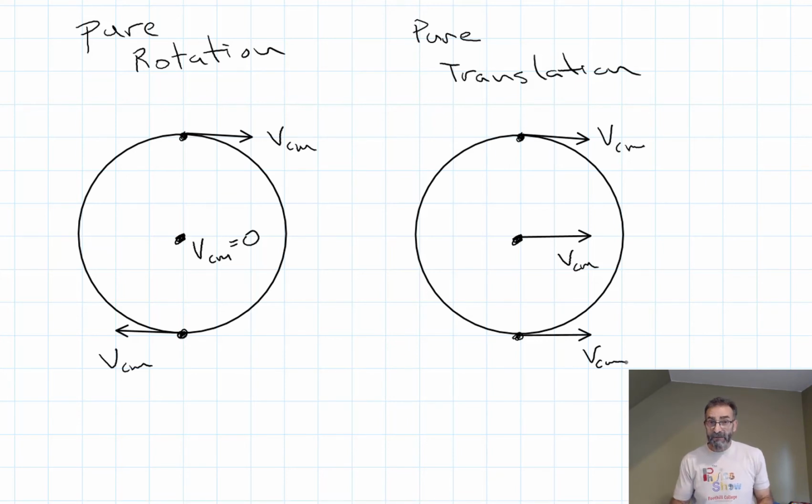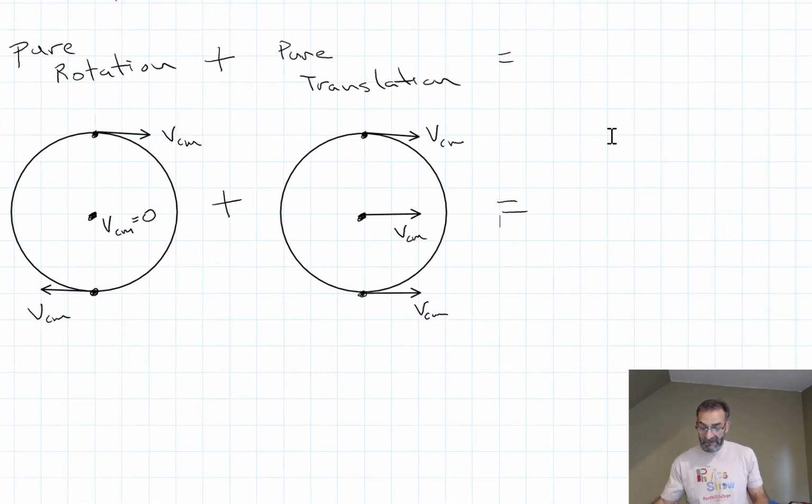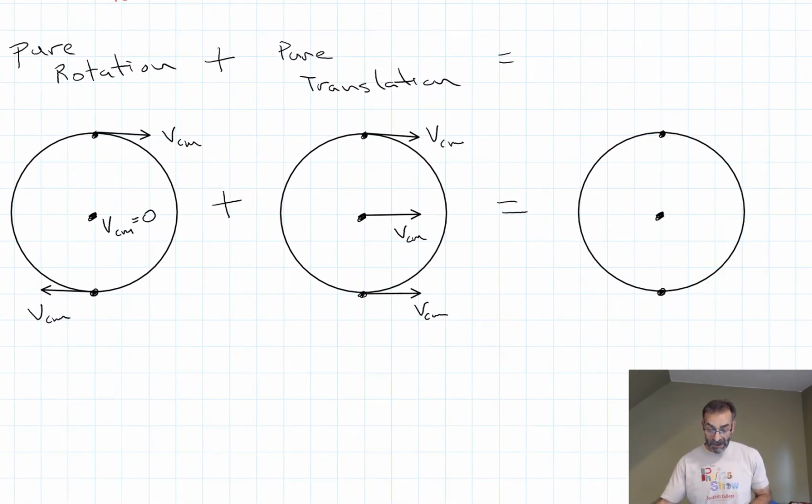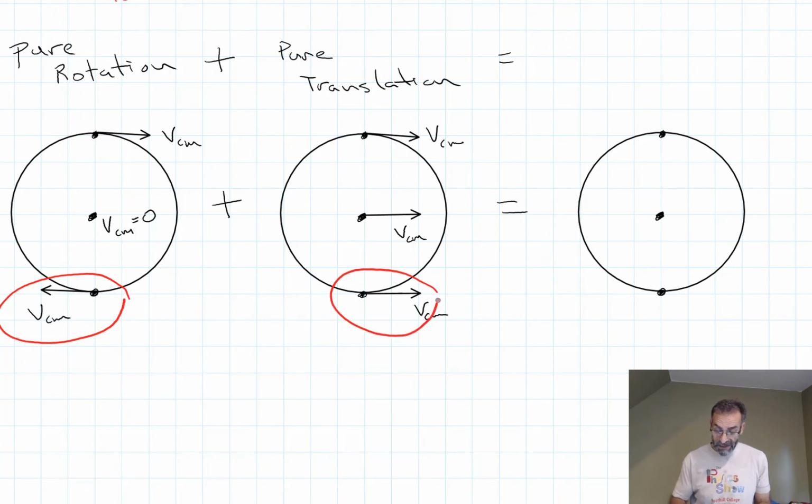And what happens if we combine these? What does that equal? Let's take a look at what's happening at the point at the very bottom of the wheel. We have a velocity to the left and a velocity to the right, and we add those together and we get v equals 0 at that point.